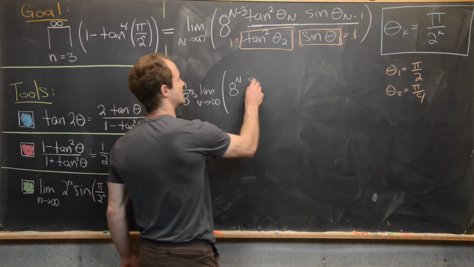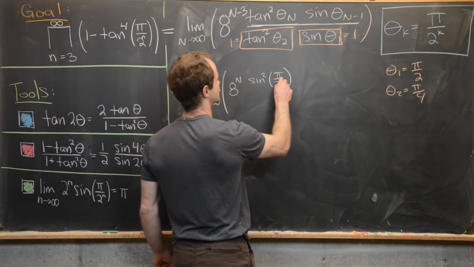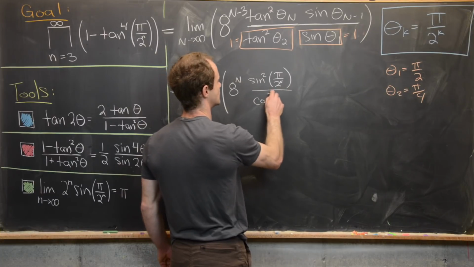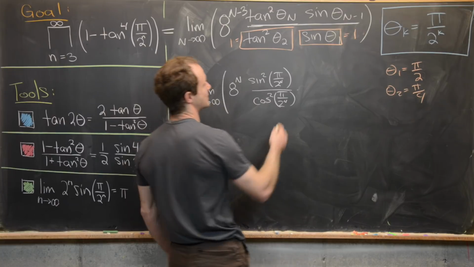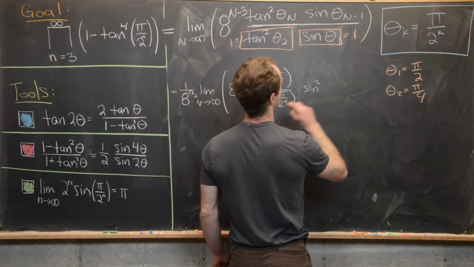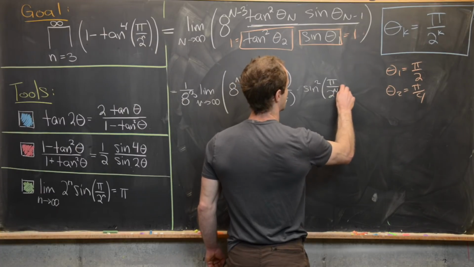And now I'm going to have sine squared pi over 2 to the n, just rewriting my theta n, over cos squared pi over 2 to the n. And then that's going to be multiplied by sine squared pi over 2 to the n minus 1.